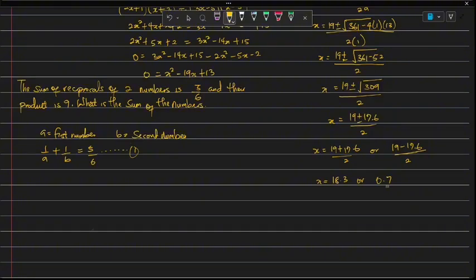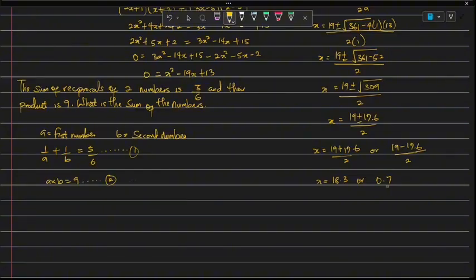They said their product is 9, which means the product of these two numbers, A multiplied by B, is equal to 9. Listen, they didn't say the product of the reciprocals. They just said that their product is 9. So it is A multiplied by B. Are we good? Let's call this equation 2.